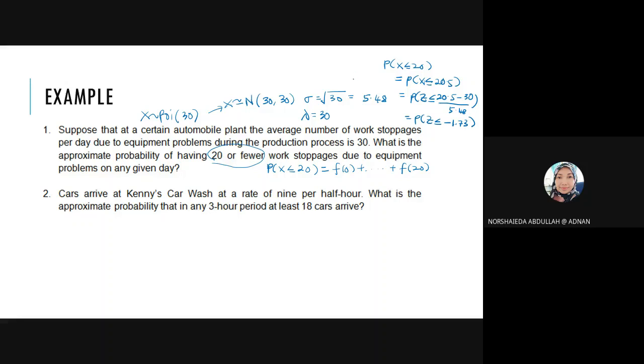Okay, so z less than negative 1.73 is equivalent to z greater than positive 1.73. Okay, we don't need to do 1 minus. You can just take the value from the table right away. So we got the probability equal to 0.0418.